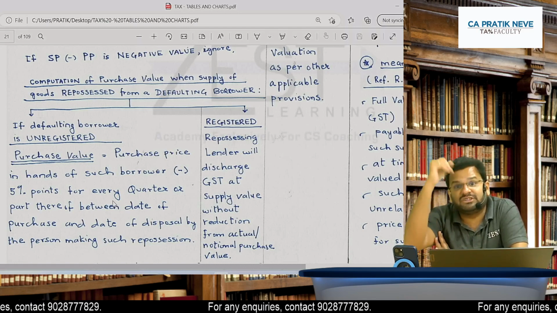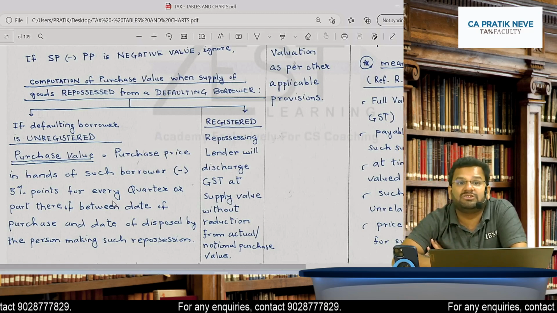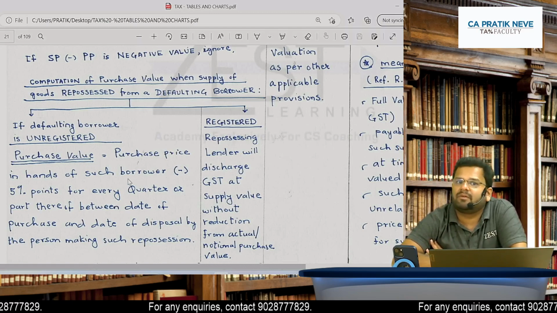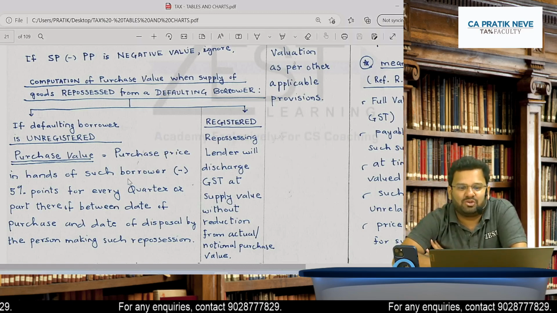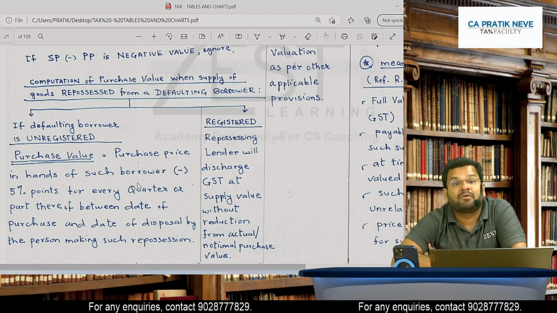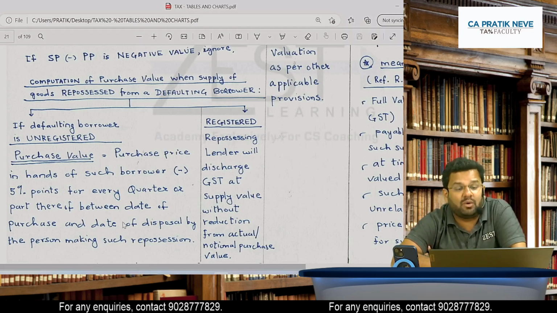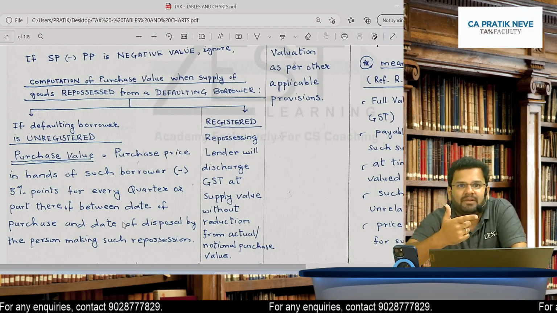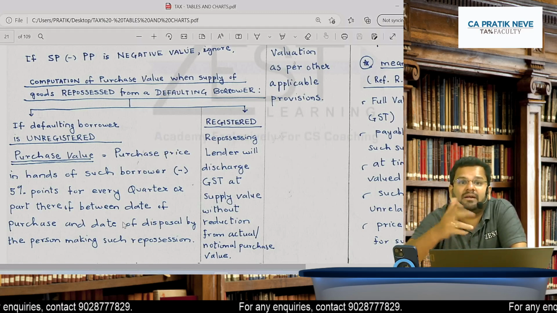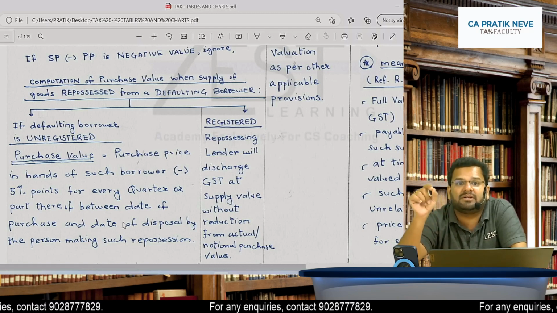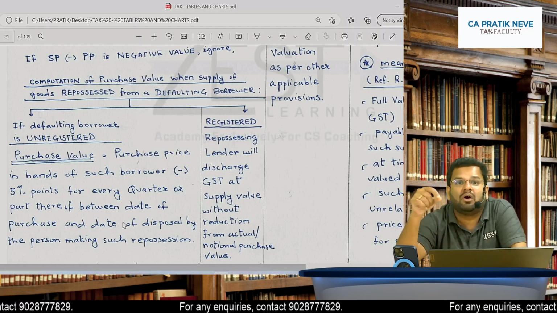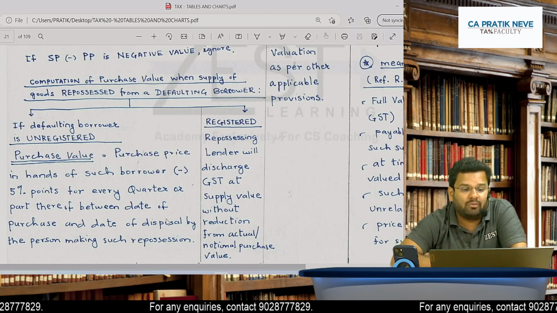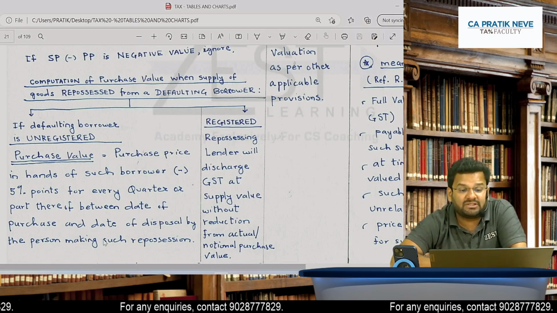So it will be original purchase cost. Originally who purchased? The borrower. So that minus 5 percentage points for every quarter or part thereof. It's just like depreciation. In short, depreciation will be provided at 5% every quarter or part thereof from the date of purchase and date of disposal.